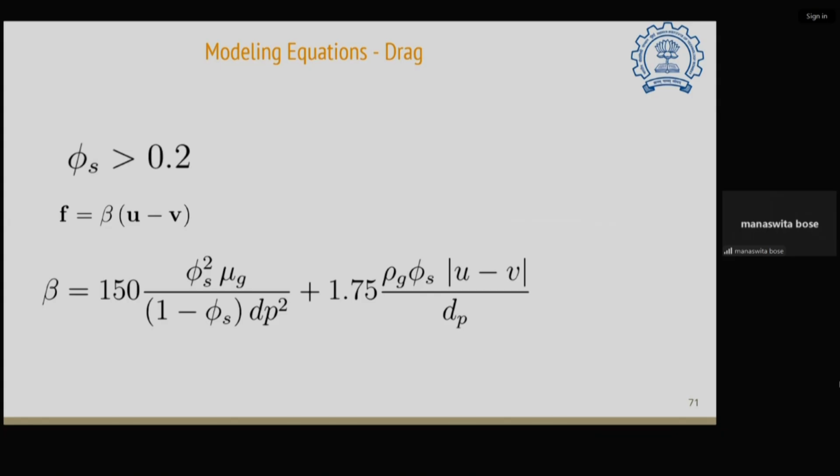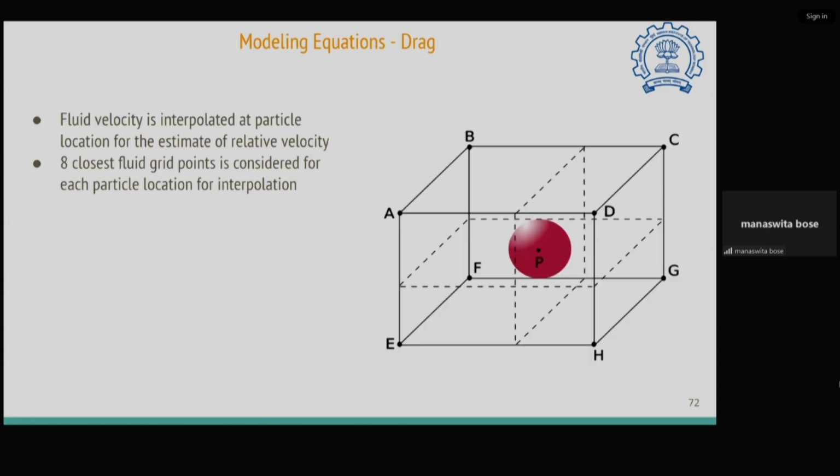This is one of the drag laws. Now, there are multiple drag laws. There are actually many drag laws that one can choose and see the effect. But what is important is, how do we calculate the drag? In a CFD-DEM framework, typically the fluid grid is larger than the particle grid.